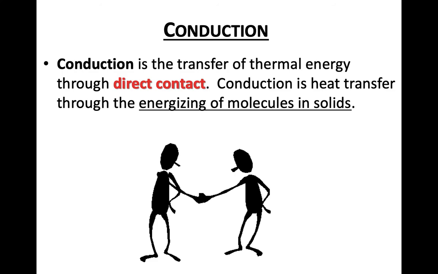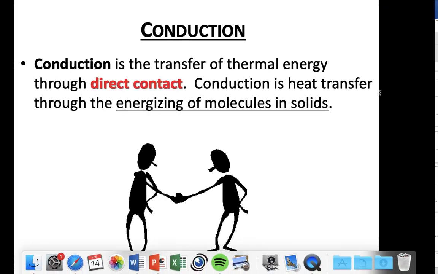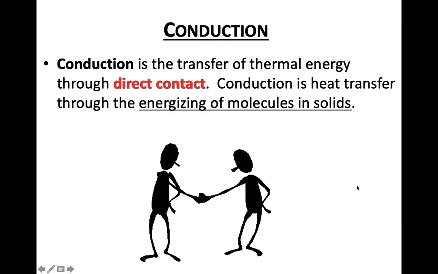You should be at the top of your note sheet here. For every single thing that we go through, you're filling out a definition as well as listing an example. So conduction is the transfer of thermal energy specifically through direct contact.